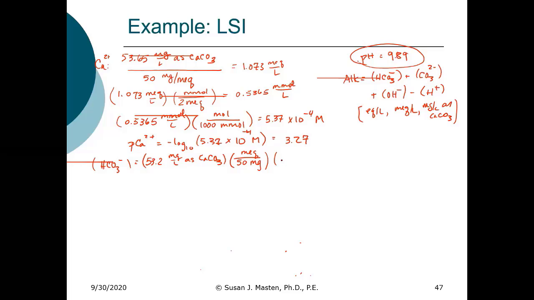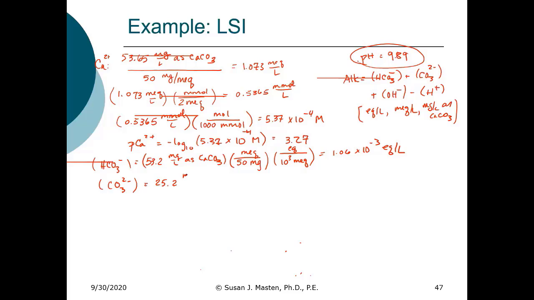Then we have 10 to the 3 milliequivalents per equivalent, because we need the answer now in equivalents per liter. So that is equal to 1.06 times 10 to the minus 3 equivalents per liter. The carbonate concentration is equal to 25.2 milligrams per liter as calcium carbonate.